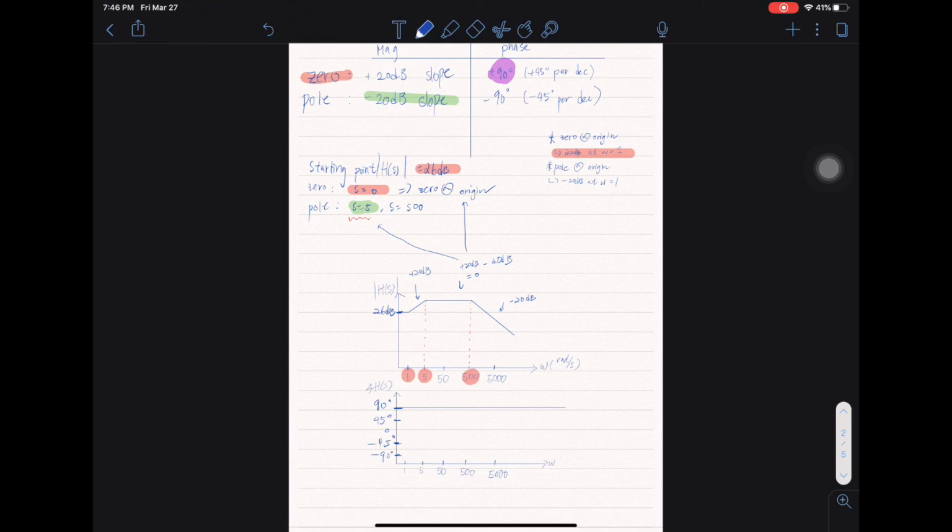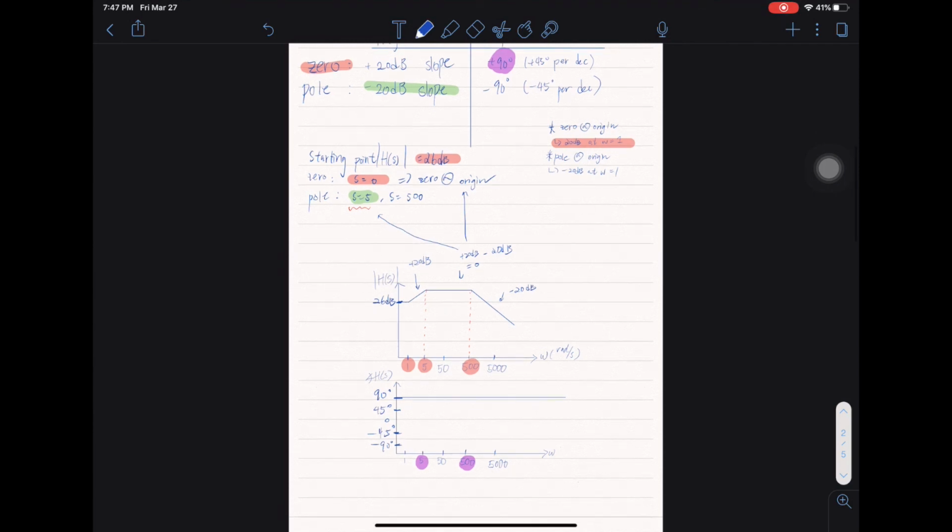So we can actually first put the points and then we line up. So we notice that we have a pole at 5 and a pole at 500. Therefore, for pole, we notice that it's gonna be minus 90 degree, and it will be minus 45 degree per decade. That means we're starting at 90 degree here.